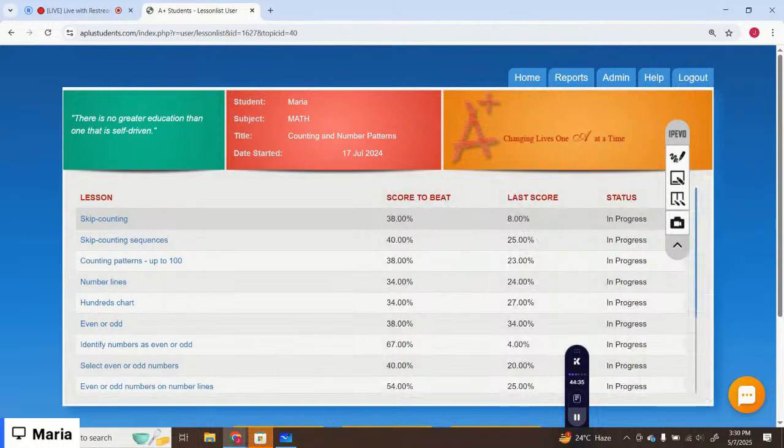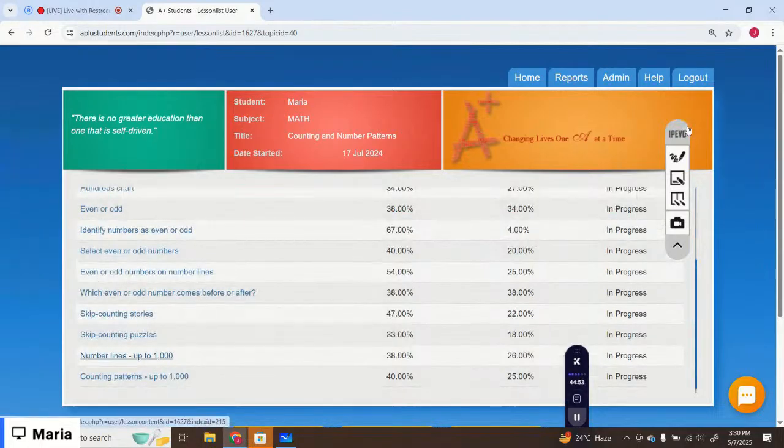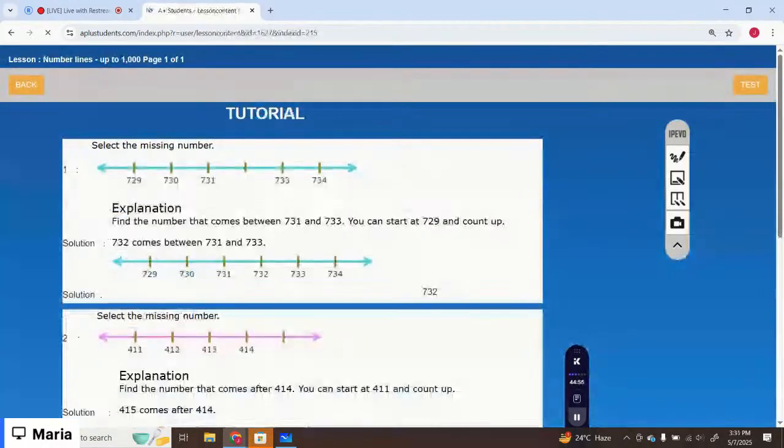The next lesson is number lines up to 1000.